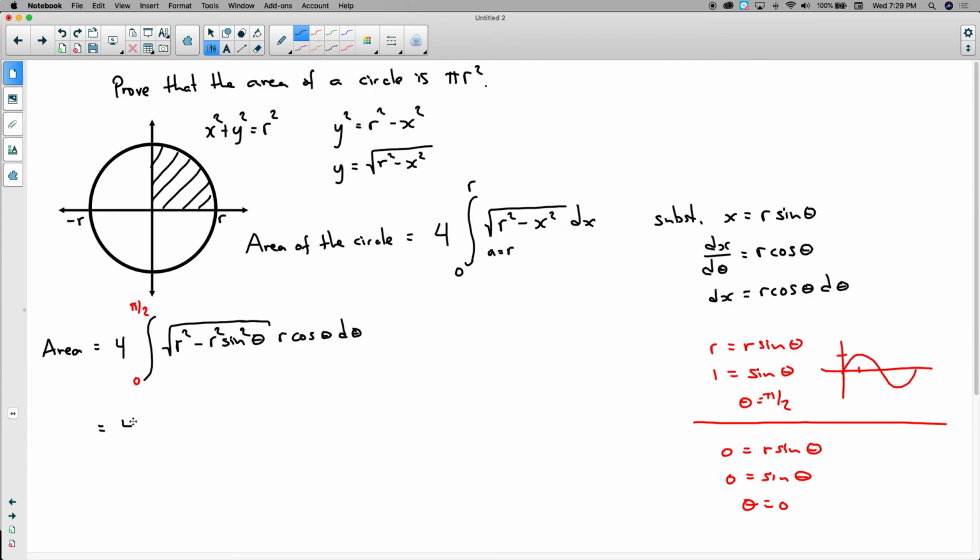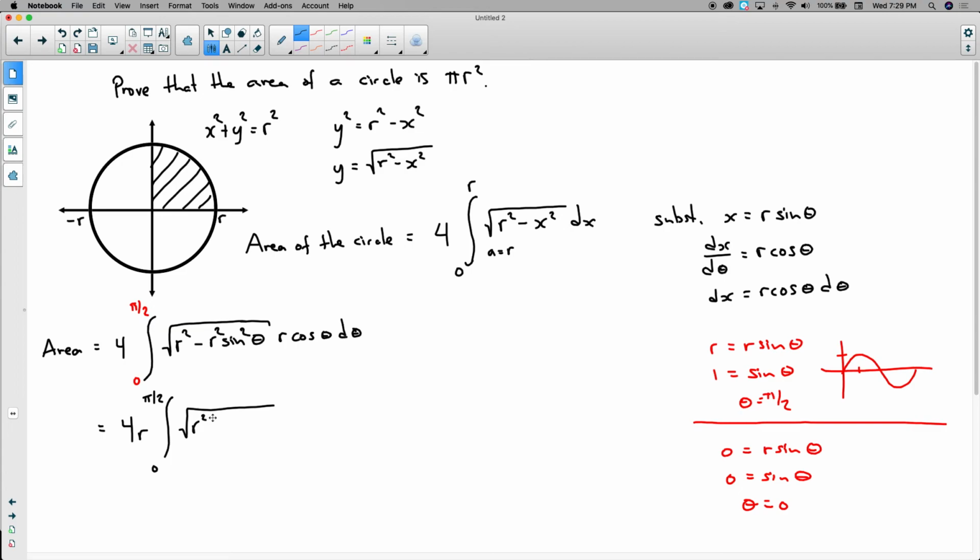And here we go. So then I've got a 4. And what can I do? I can take out r being some constant, right? It is the radius, so I'm going to take out an r. And then I have the integral from 0 to pi over 2. And I'll show this in some detail.